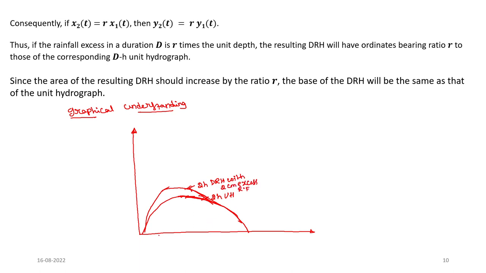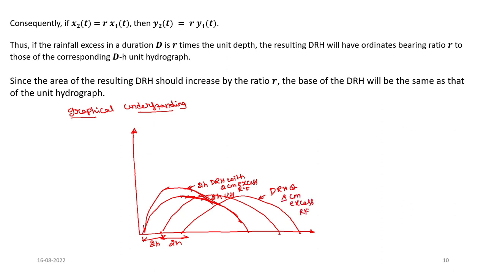Now you will lag the unit by 2 hours, and again you will lag it by 2 hours. Now this will be the DRH of 1 centimeter excess rainfall.